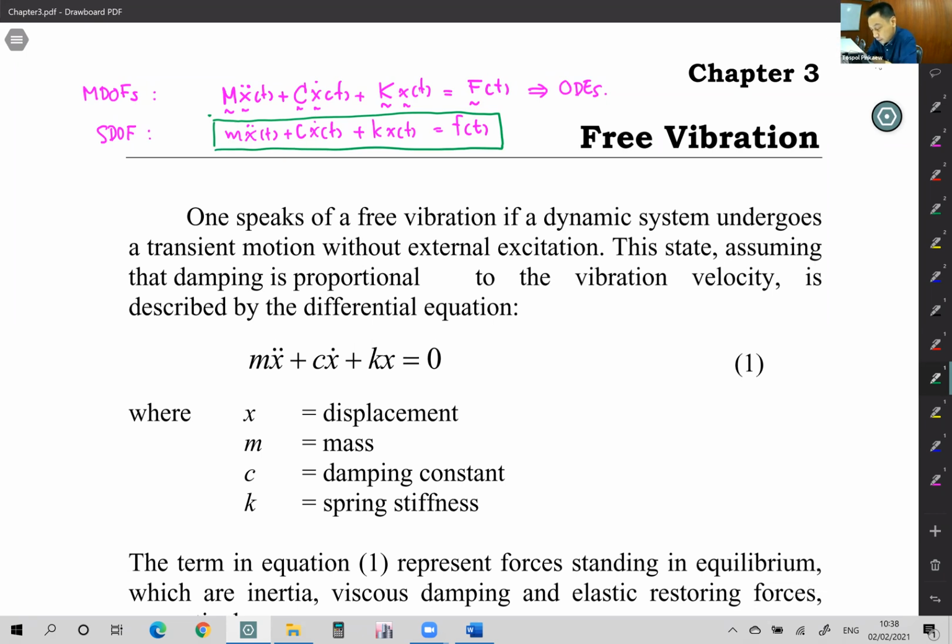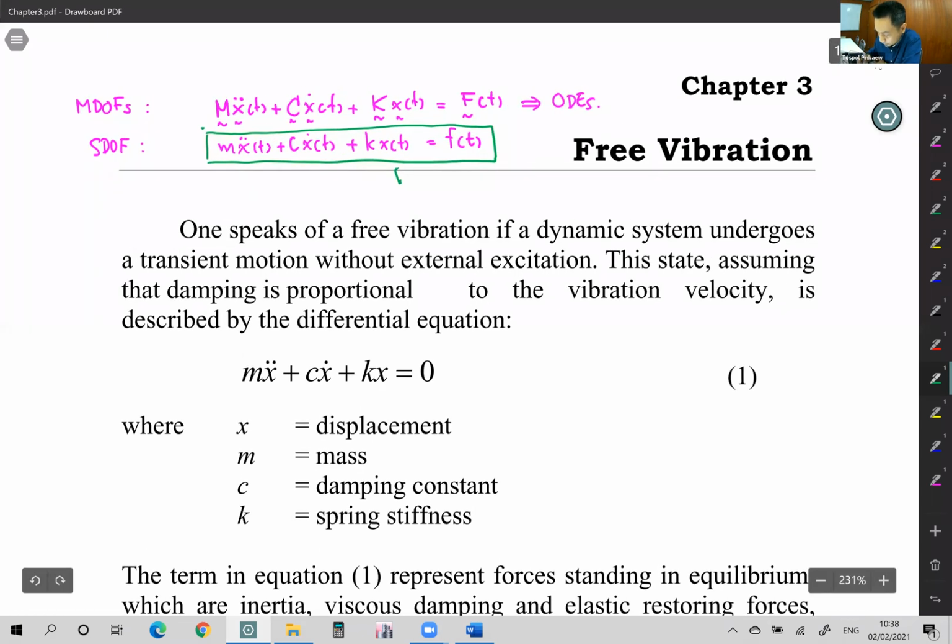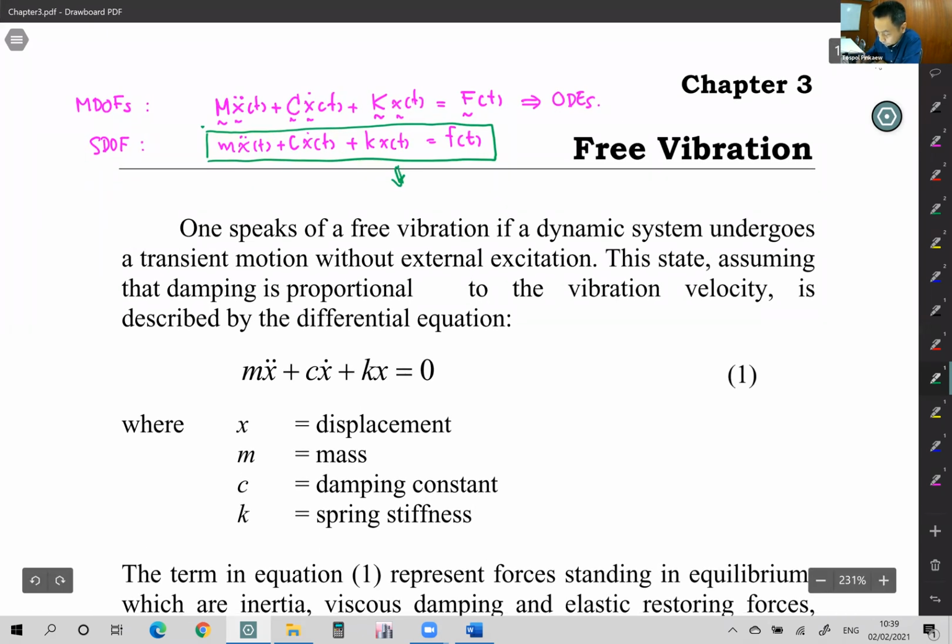To study this single degree of freedom system, in terms of mathematics, what you have to do is solve this second order ordinary differential equation. The x of time t, as the solution of these equations, becomes something like this.